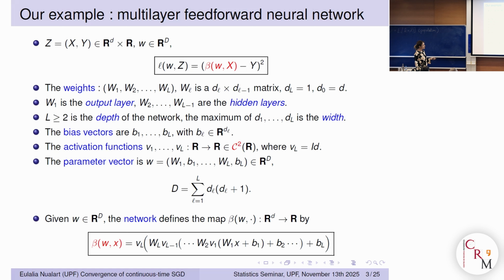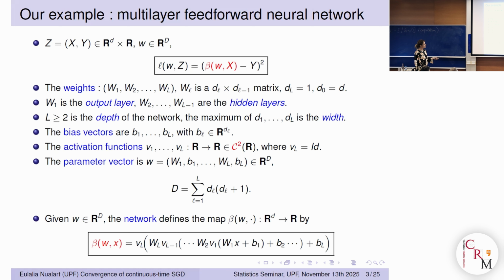The bias vectors are denoted by B. Since I use sigma later for my diffusion coefficient, I call the activation functions V. The parameter vector of the network lies in R^D, where D is given by this dimension, and it has both the matrices and the bias vectors.